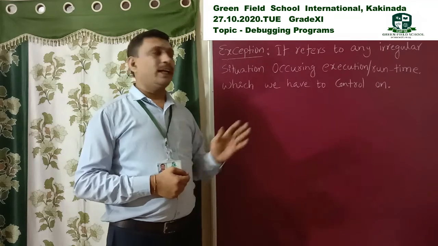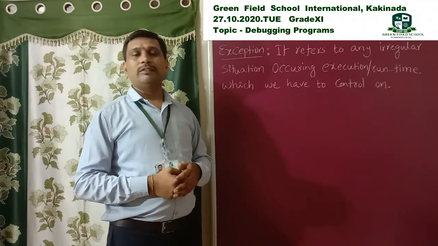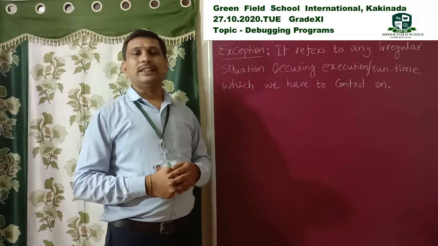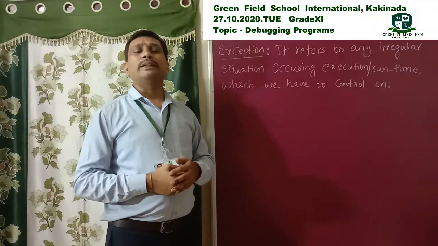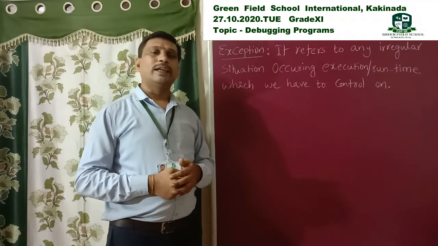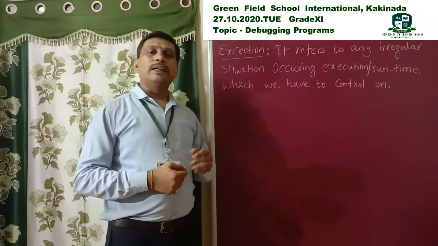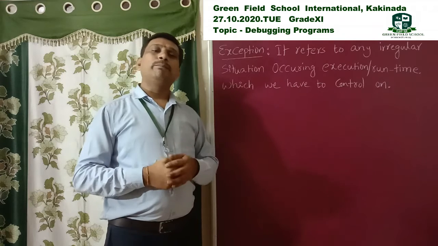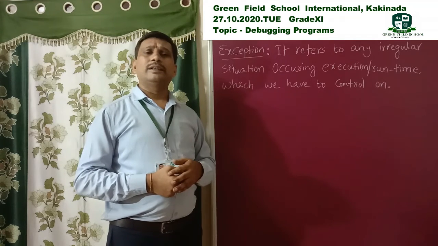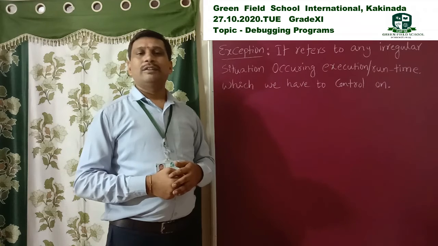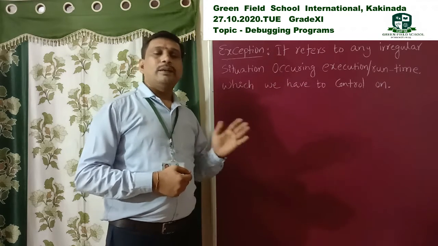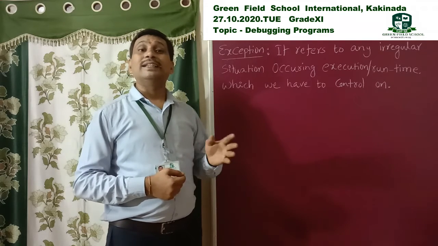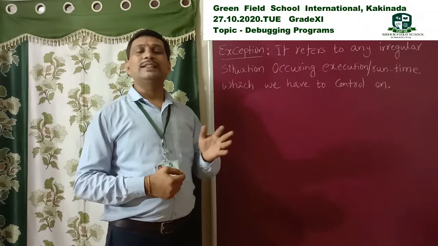How to differentiate exceptions from errors? Let me take one real-time example, that is an ATM machine. When we go to an ATM machine, first we enter our account number or PIN. If any mistake occurs when you are typing the PIN number, password or account number, that comes under the case of error.